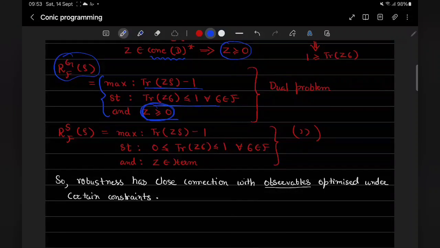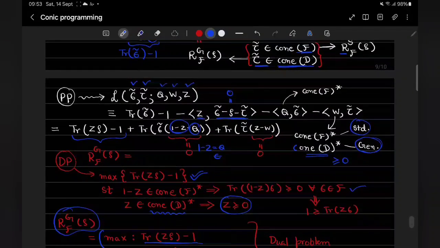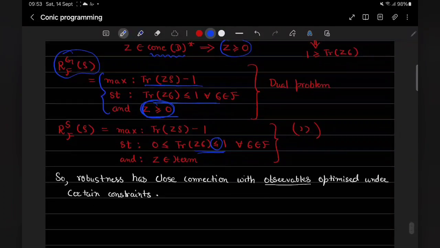One of the constraints remains the same, that is trace z rho is less than or equal to 1, because this comes from the q condition that is here, and the other constraint is simply changed. This constraint is z belonging to cone F star. This implies trace z sigma is greater than or equal to 0 for all sigma belonging to F.